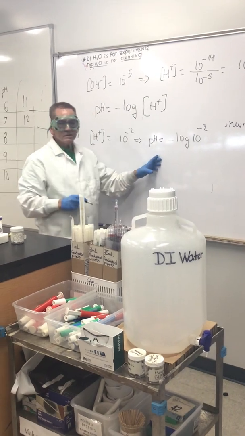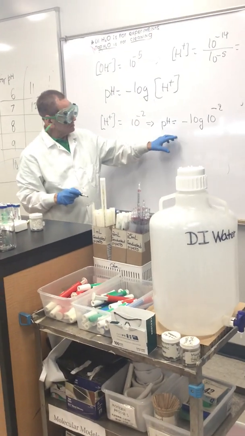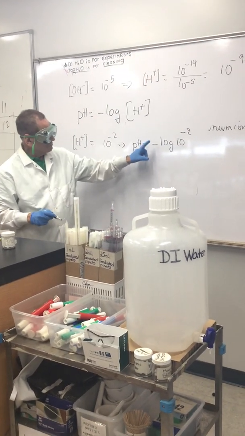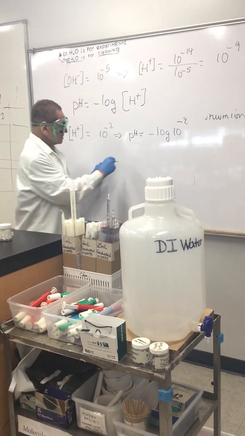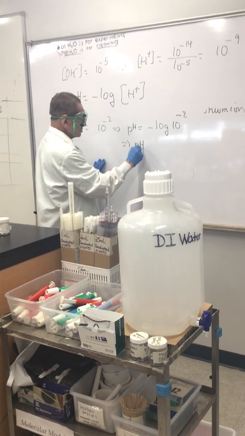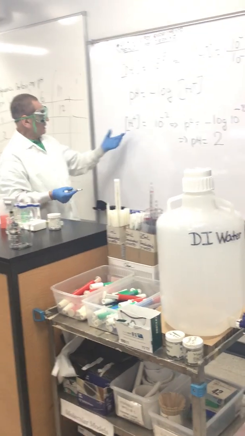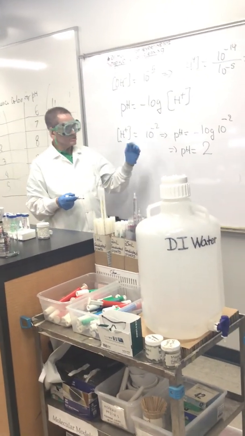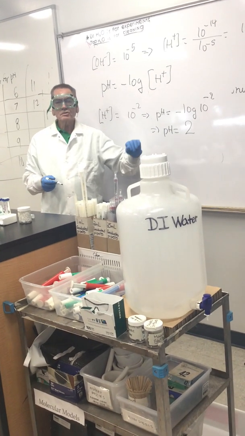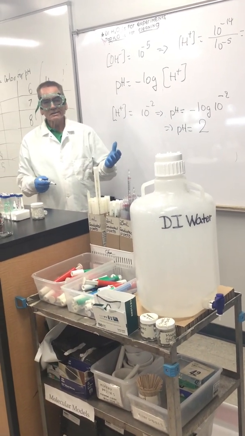Because it's log to the base 10, we just drop the minus 2 here. Minus 2 would be plus. So therefore, the pH of this solution would be equal to 2. And therefore, if I have a solution of H+ 10 to the minus 2, that pH is 2. So therefore, it's acidic. Right?